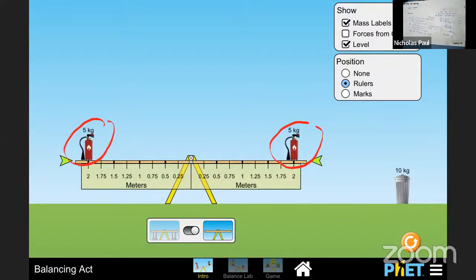Find the moment of each one. You'll see the numbers. The mass is 5 kilograms and it's 2 meters from the middle. The middle is the pivot. I want you to find the moment on the left and the moment on the right, and tell me what you notice about them.